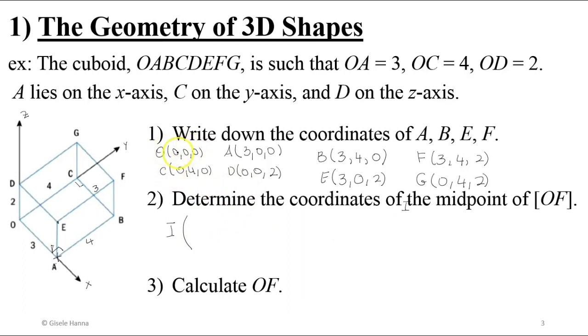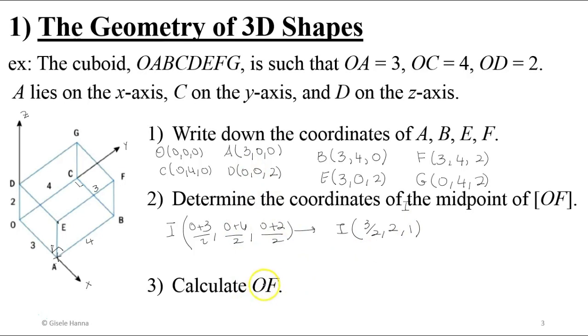O has in fact all its coordinates equal to 0. So it's just the coordinates of F over 2, because it would be 0 plus 3 over 2, 0 plus 4 over 2, and 0 plus 2 over 2, which leaves me with I having as coordinates 3 over 2, or 1.5, 2, and 1.